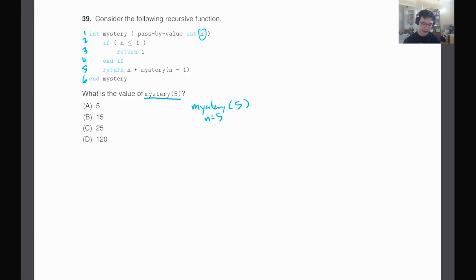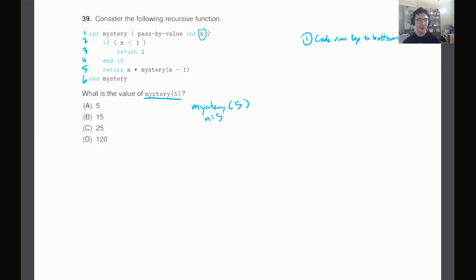And one thing you need to know, nothing new, code runs top to bottom. Okay? So we go to line 2 now, and we check, is n, which is 5, less than or equal to 1? That's false, right? So we don't go inside the if condition, we don't go to line 3. We go to the end of the if block, which is line 4. We go to line 5, which is return n times mystery n minus 1.